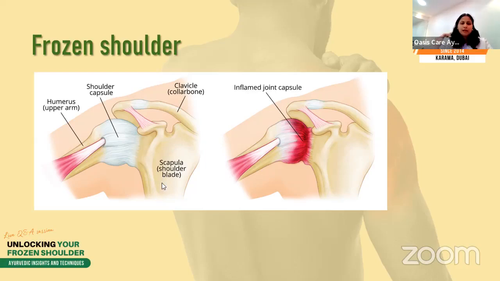The scapula is the triangular-shaped bone at the back, which is attached to the collarbone and the humerus. And here is the shoulder capsule. When this capsule becomes very inflamed, sometimes it converts into a frozen shoulder. Okay, now we'll go to the next one.